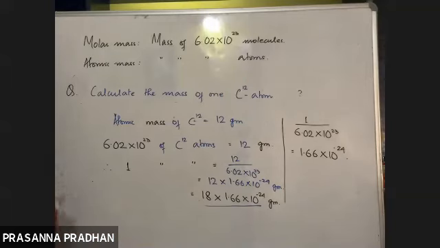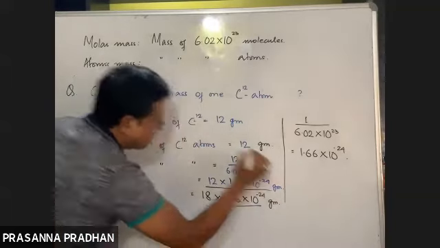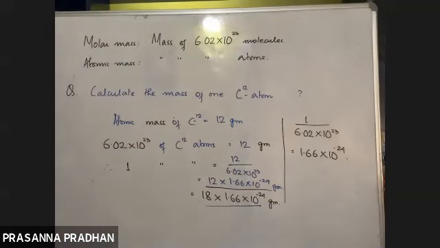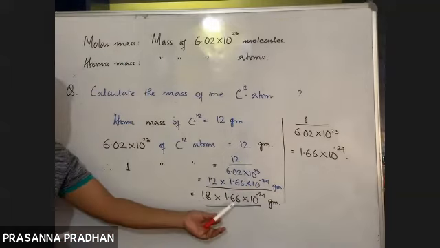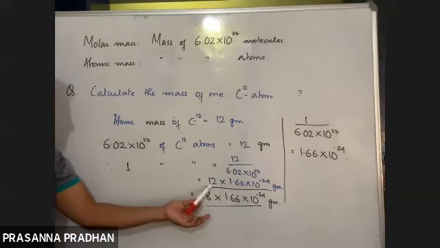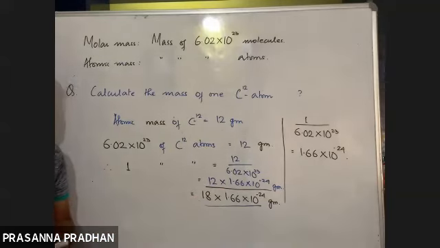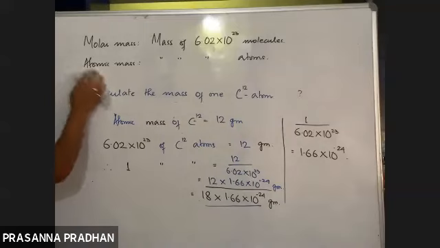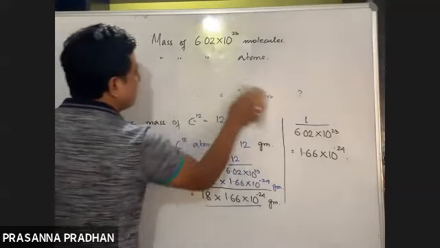Now let us closely look at these two problems. In the first case, we found out the mass of one water molecule. In the second question, we found out the mass of one carbon 12 atom. Can you generalize a formula from here? How will you calculate the mass of a molecule?